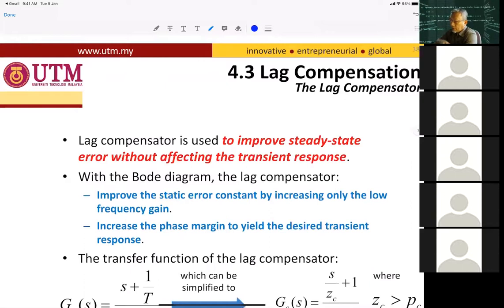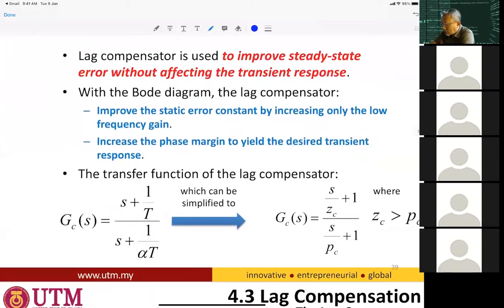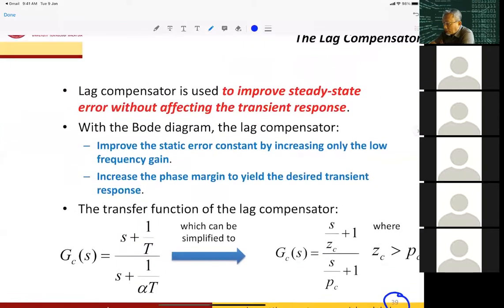Okay, so today's lecture, we're going to learn about the second compensator in the frequency domain, namely known as the lag compensator. Please refer to slide number 39, on the lag compensator. The lag compensator is different from the gain compensator.